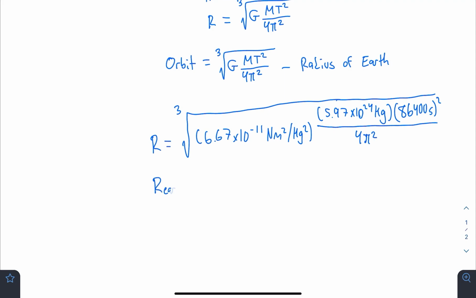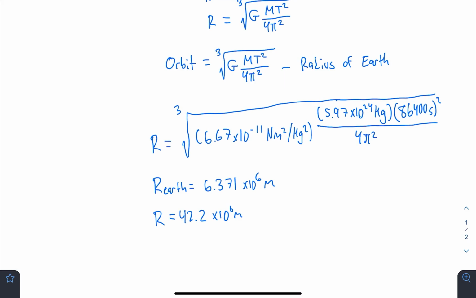So we can write that down here. And solving that big equation we have above, we find that the larger radius is equal to about 42.2 times 10 to the 6th meters.